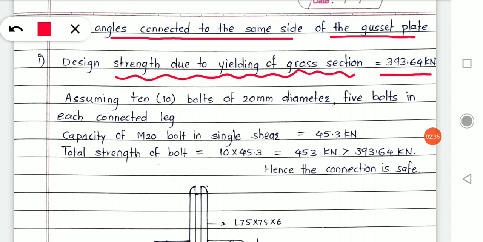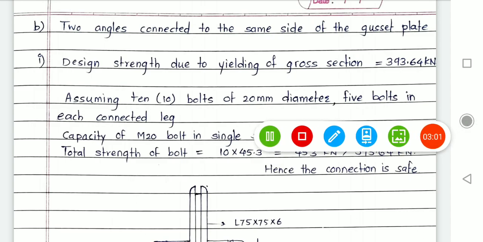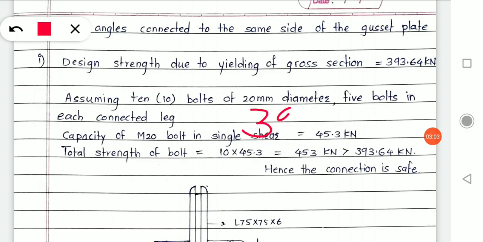If you remember, the TDG value, the tensile capacity in yielding of cross section, in the previous lecture when we placed an angle on each side of your gusset plate, we found that value after calculation as 393.64.